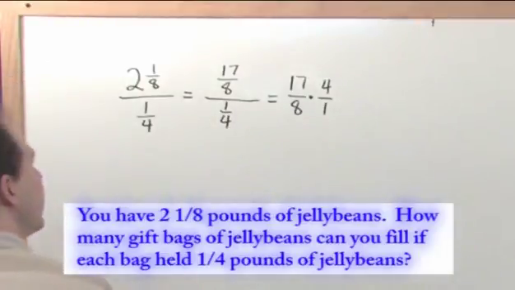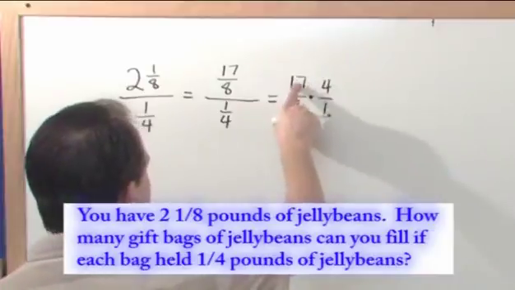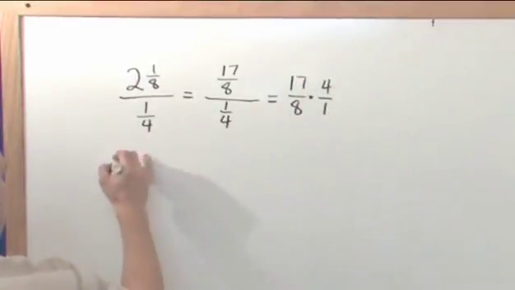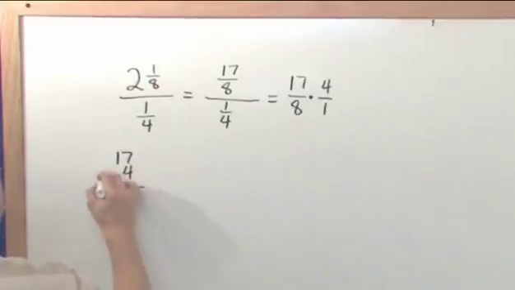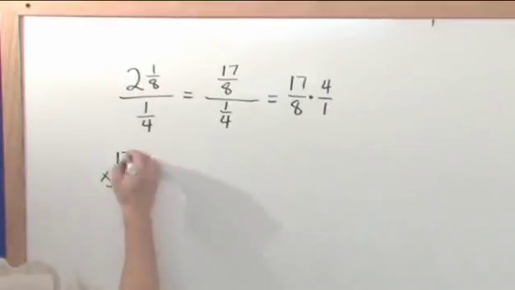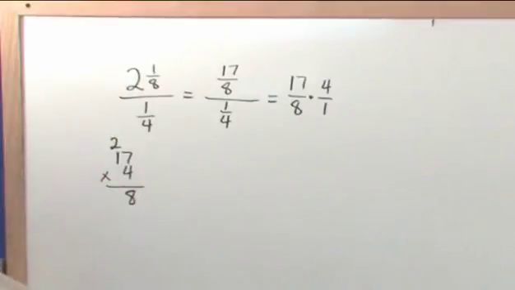Okay, so to get the top number in the answer, what is 17 times 4? Well, I certainly don't remember what 17 times 4 is, so I'm going to have to multiply that out. Okay, 7 times 4 is 28 from your multiplication table, so you put an 8, carry the 2. Okay, 4 times 1 is 4, plus 2 gives you 6.